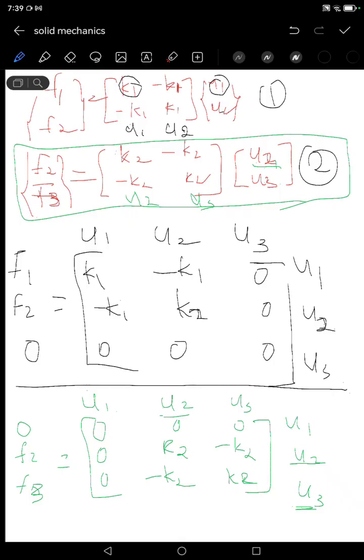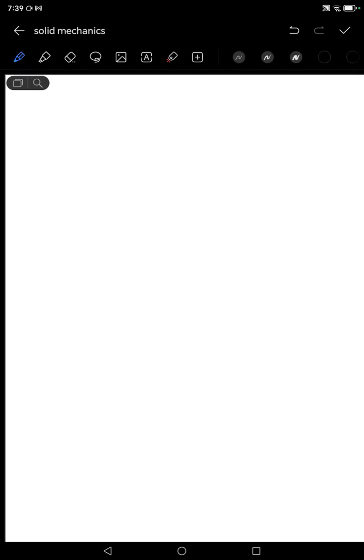From here, that's where we're going to add this 3 by 3 matrix. So when we're adding, we're going to add element 1 and element 2.